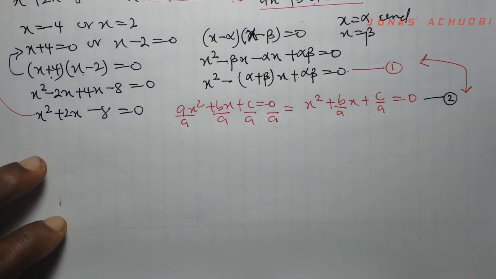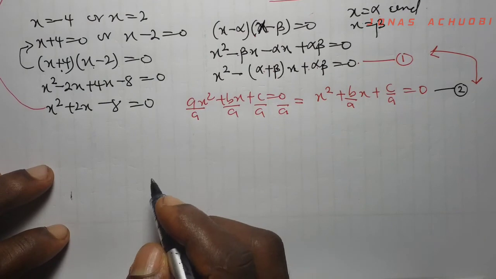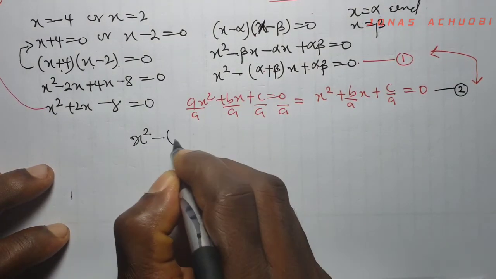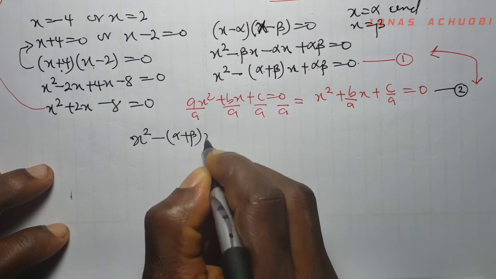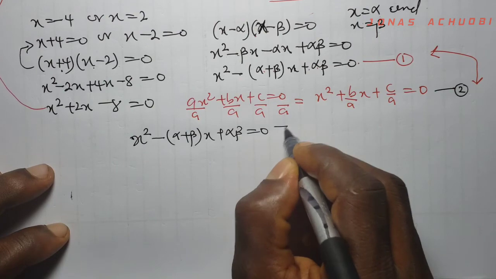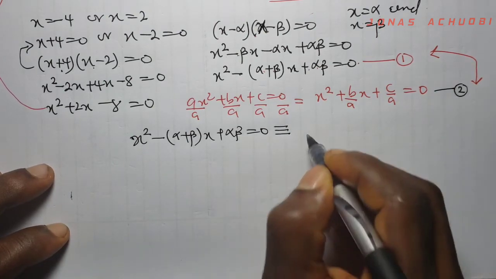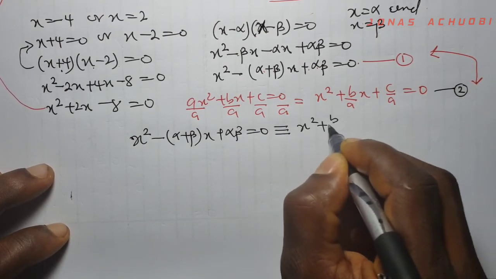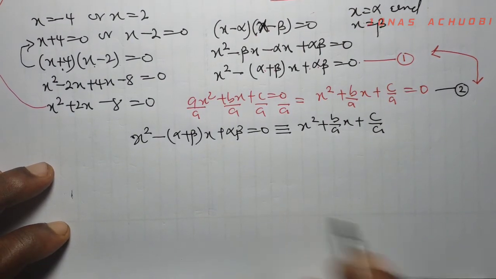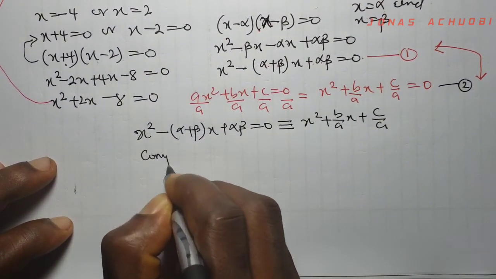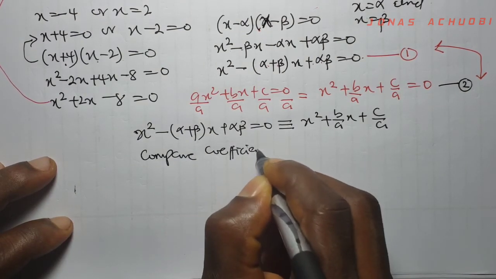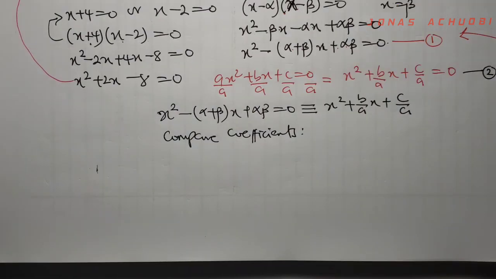Since they're equivalent mathematically, we can write x squared minus (alpha plus beta)x plus alpha beta equal to 0 is equivalent to the second one, which is x squared plus (b over a)x plus c over a. So we can now compare the coefficients, and this will give us some interesting results.